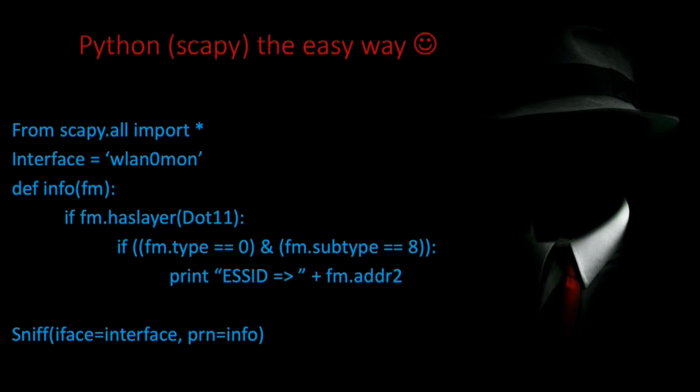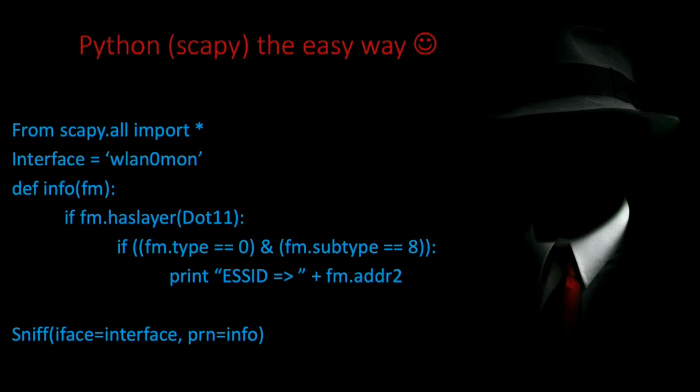If you're using Scapy, this is a very easy way to do it. You just use Python, import Scapy, define your variable, like your interface, and then check if it has .11. Scapy has a lot of layers. One of those layers is called Dot11, handling the Wi-Fi frames. So we check if fm, the argument we are passing to the info function, has a layer called Dot11, which means it's a Wi-Fi frame.